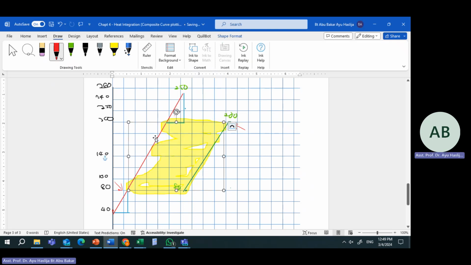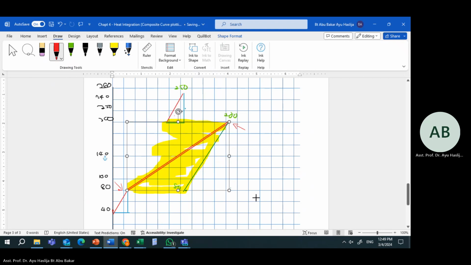So how to do it? Combine from here to here. Focus on the red color one. Now this one, move to the last point.